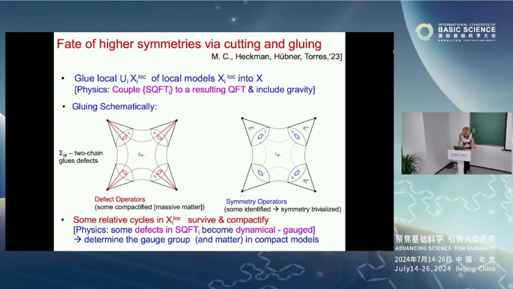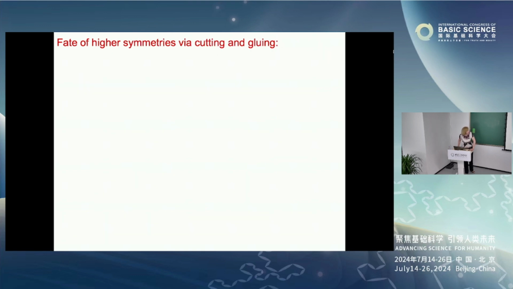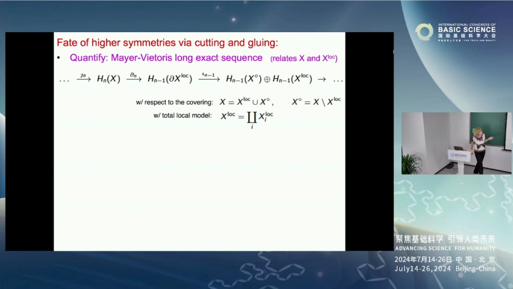In any case, when we are dealing with just 4-dimensional spaces like K3, this can be done explicitly and completely. And again, in earlier work, we studied this phase via cutting and gluing, the same ideas, and quantified it via Mayer-Vietoris long exact sequences, which relate how the homologies of the compact space are related to the part without the local ones.